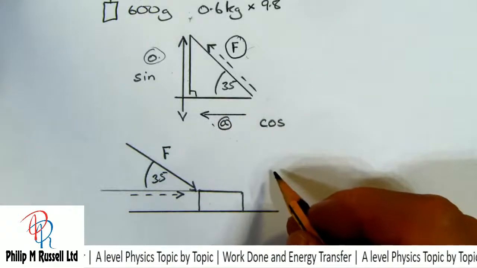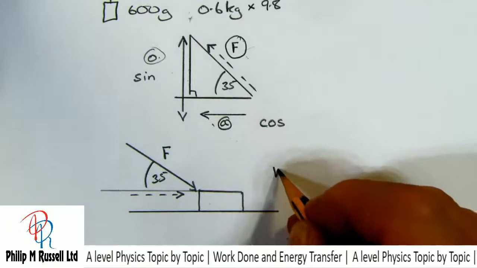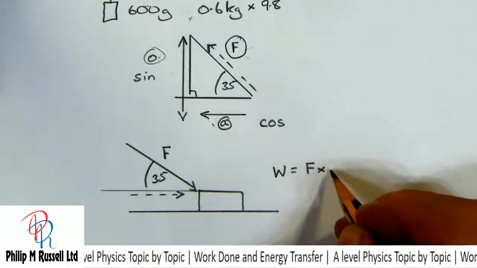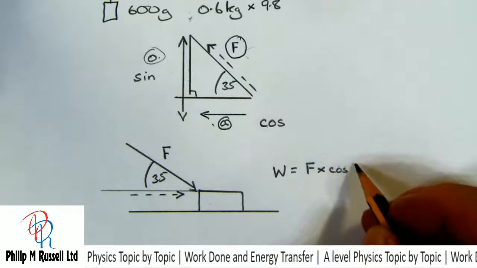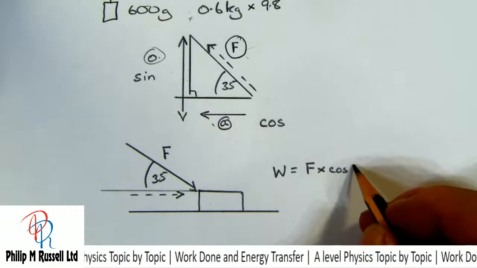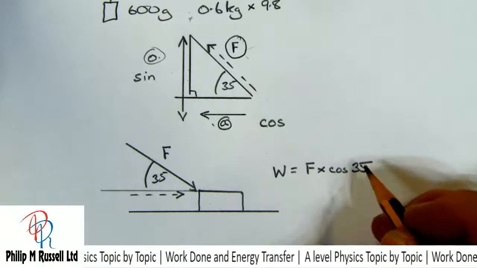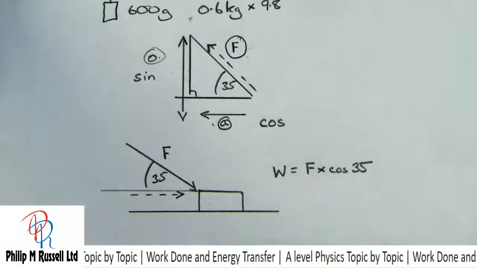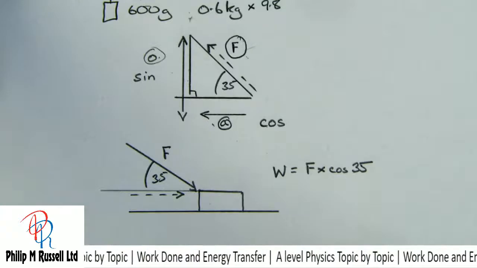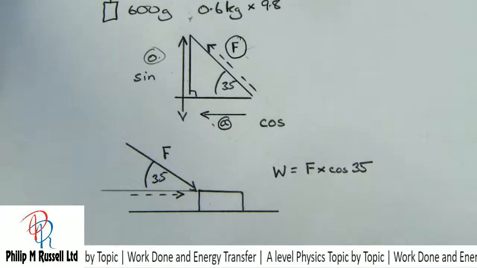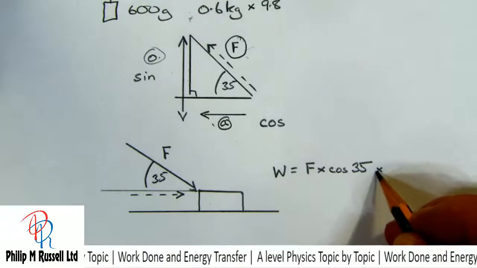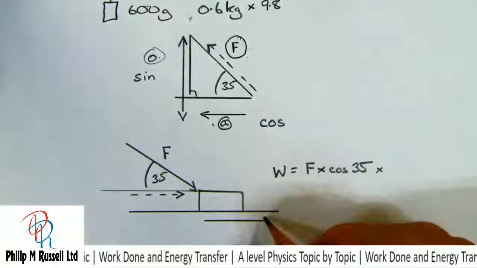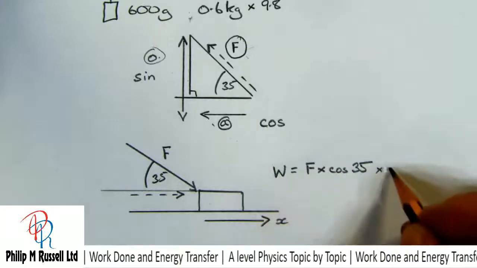So this would mean that my work here would be my force times the cos of my angle, which in this case is 35, times by my direction of motion, which here we could call x.